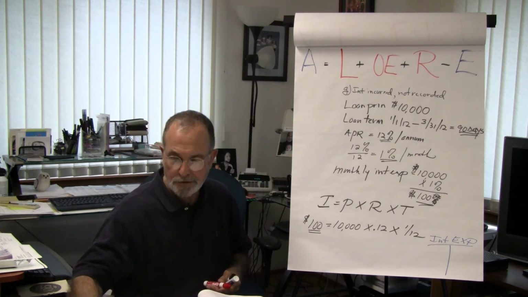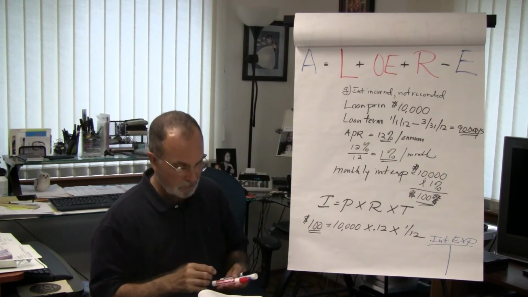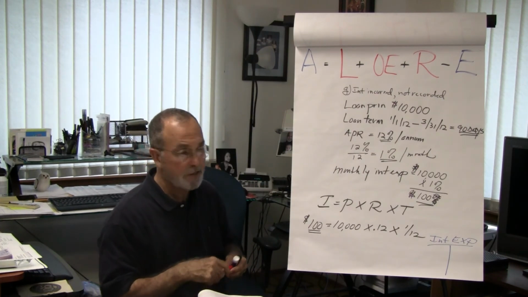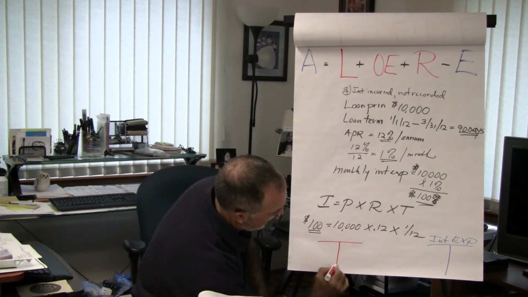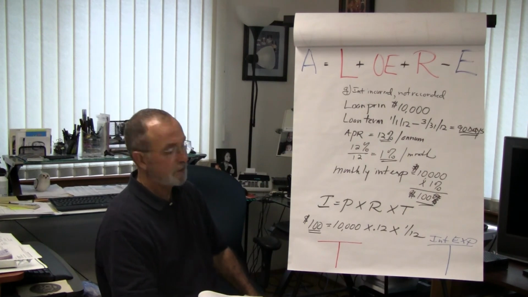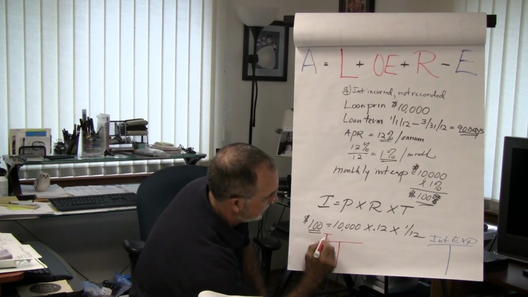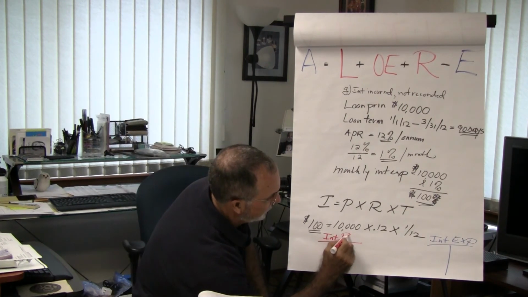And so how do we show an amount owed? Well, we need a liability account, and we would call this liability account interest payable.